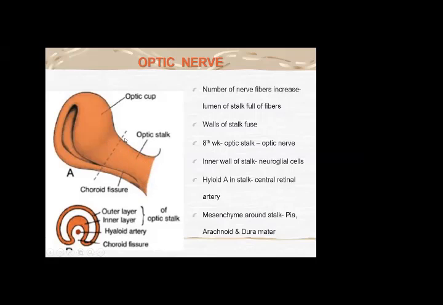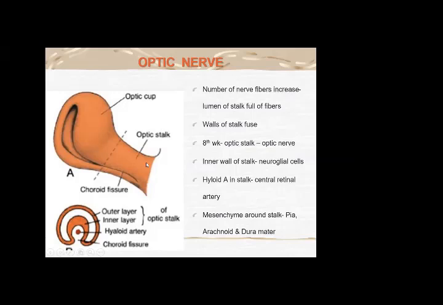And finally, the optic stalk is full of nerve fibers arising from the cells over here. And then the walls of this optic stalk fuse and this choroid fissure disappears. So this part develops into the optic nerve.